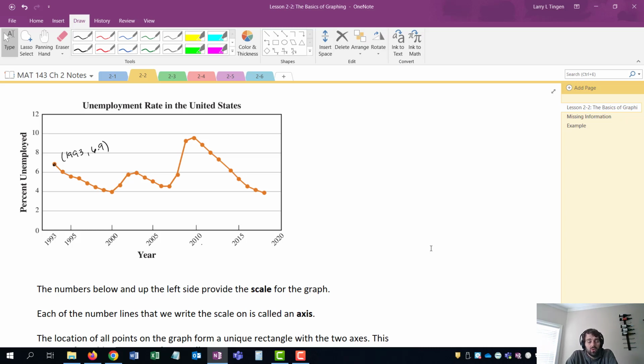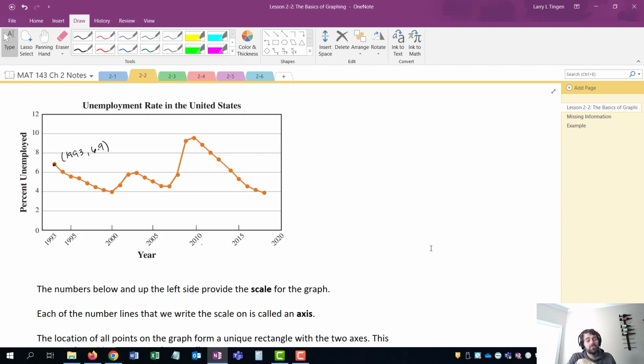So notice that I didn't graph the unemployment rate from 0 to 100, because there's no data point that needs that much space. The highest unemployment that I see in the data is still below 10%. So this is a good way to put your graph to scale.